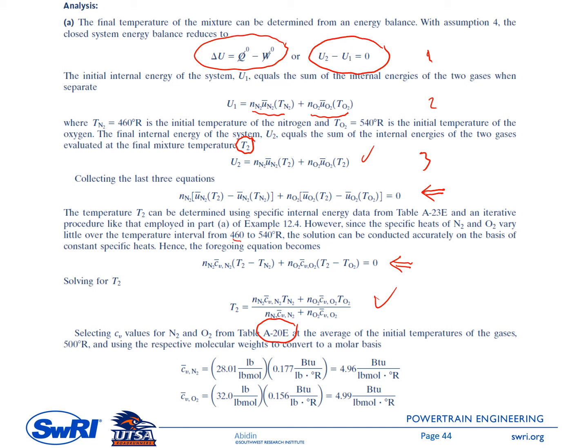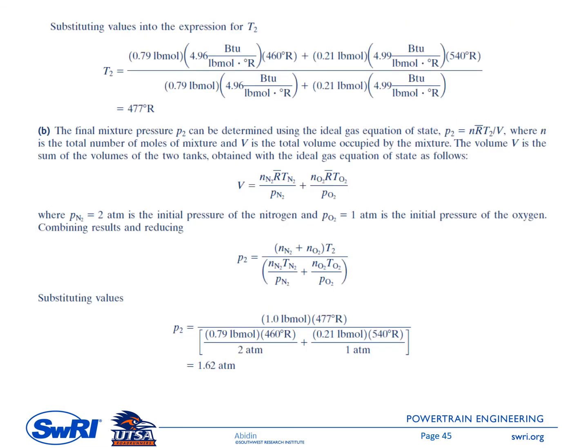We have 460 plus 540, divided by 2, which gives 500. Then you can get Cv for N2 and Cv for O2 from the table. You just plug in the numbers and you will get a T2 of 477 degrees Rankine. So it's simple when we are allowed to assume a constant Cp.